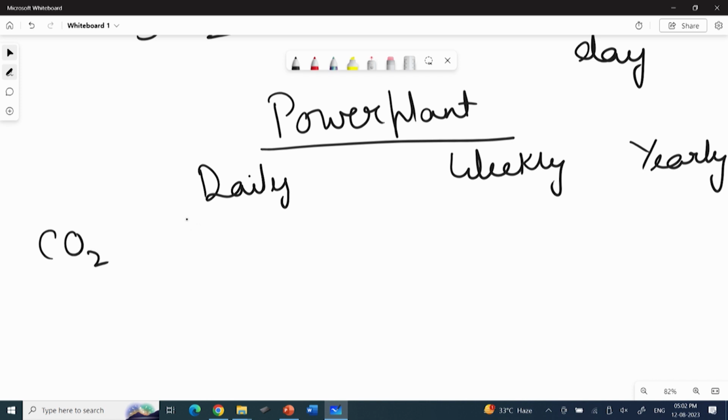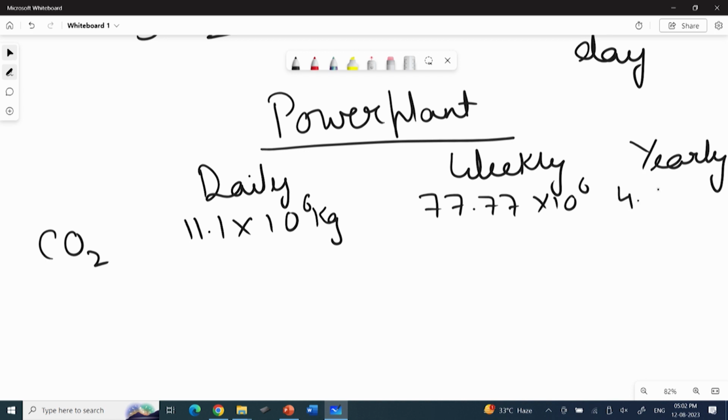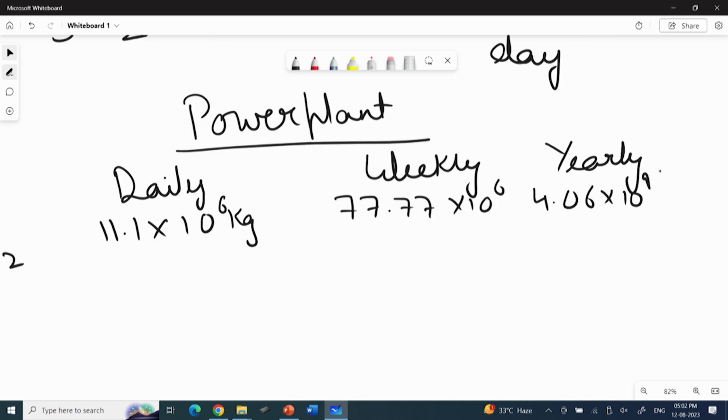So, the CO2 emissions would be 11.1 into 10 to power 6 kgs. On a weekly level, it would be just a multiplication by 7, 7 into 10 to power 6, also in kgs, and for yearly this will be 4.06 into 10 to power 9.